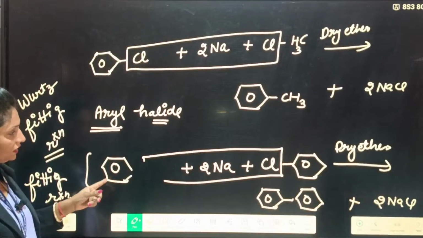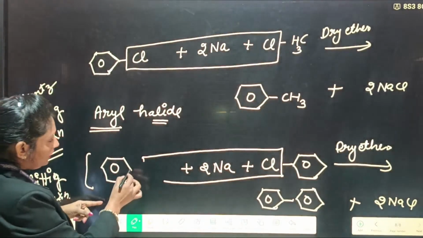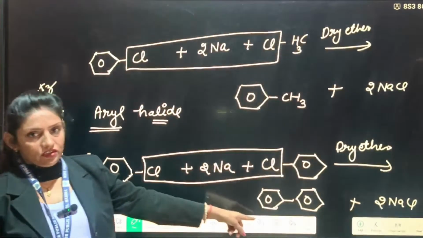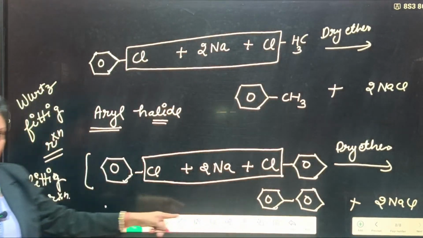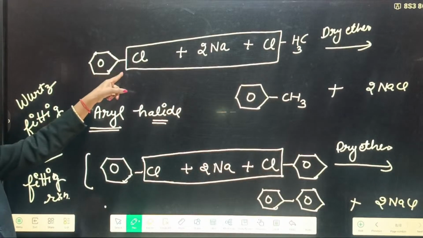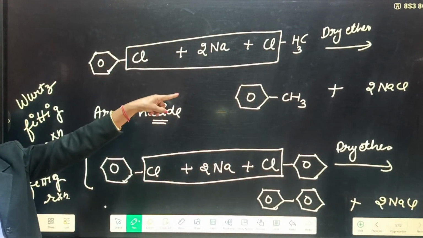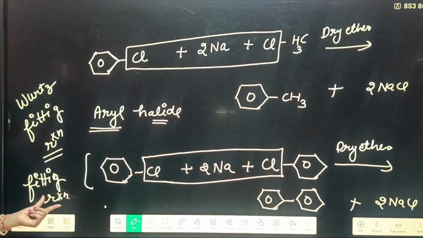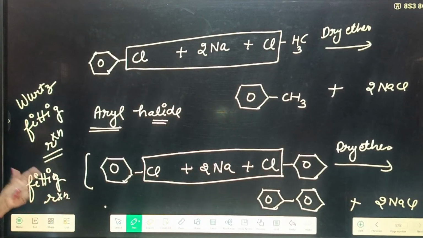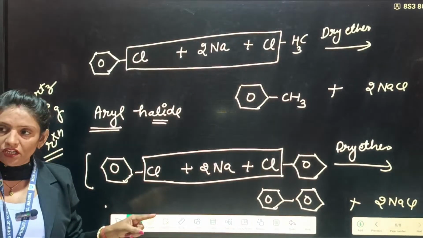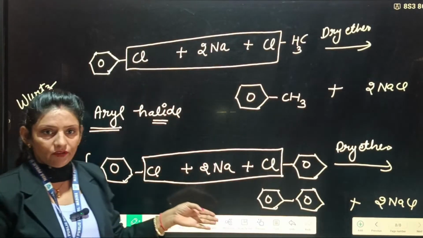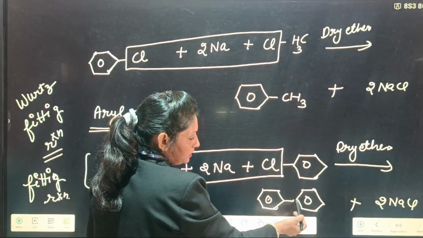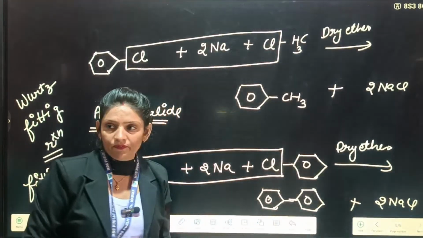If both are aryl halide, then only the Fittig reaction. Names are different, but the reaction is the same. Clear? What is the name for this one? Biphenyl. This is biphenyl.